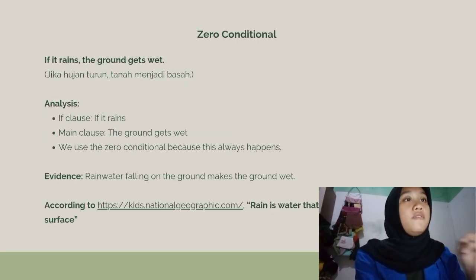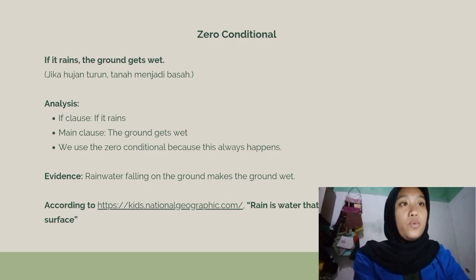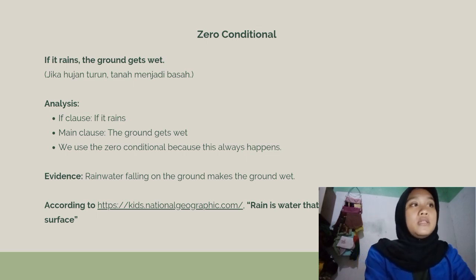Okay, the first type is zero conditional. The example sentence is: if it rains, the ground gets wet. In the sentence, the if clause is if it rains, and the main clause is the ground gets wet. We use zero conditional here because the situation always happens. It is a scientific fact.